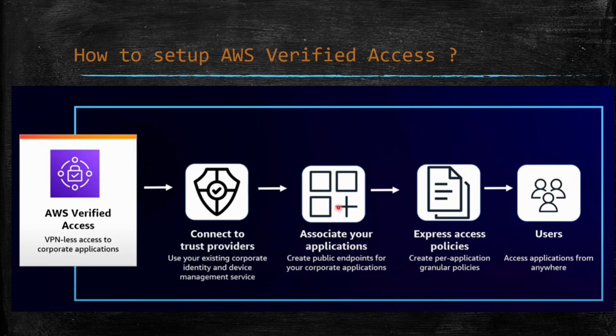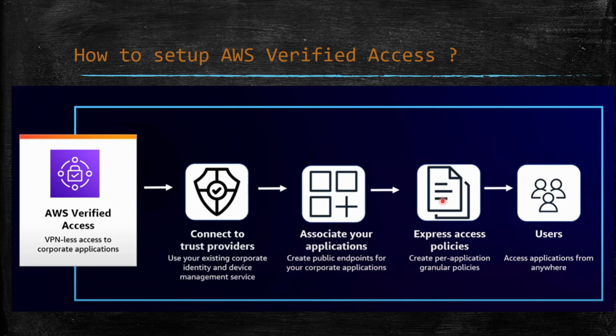So you're creating the Verified Access endpoint and putting it behind the load balancer. It supports the Network Load Balancer as well. And this part is mainly for policy creation.